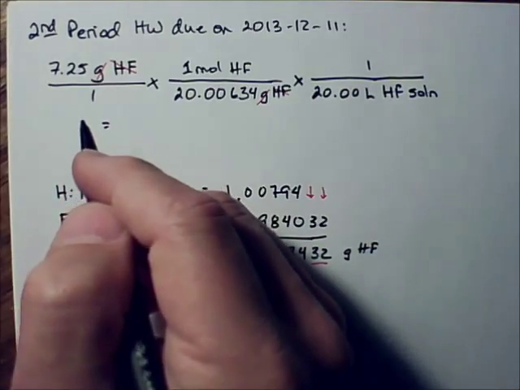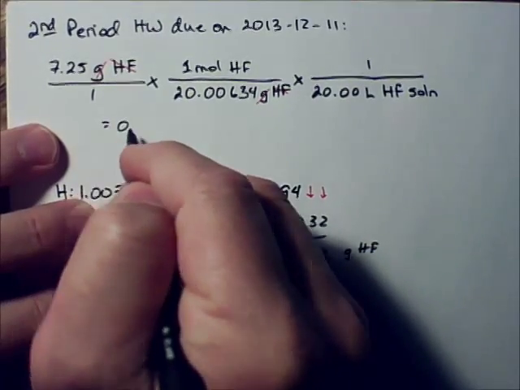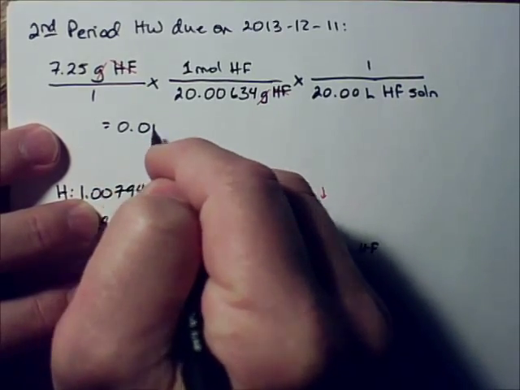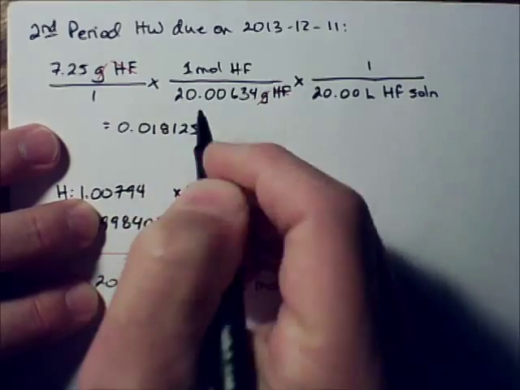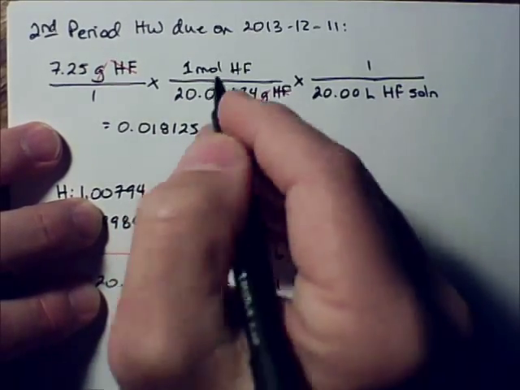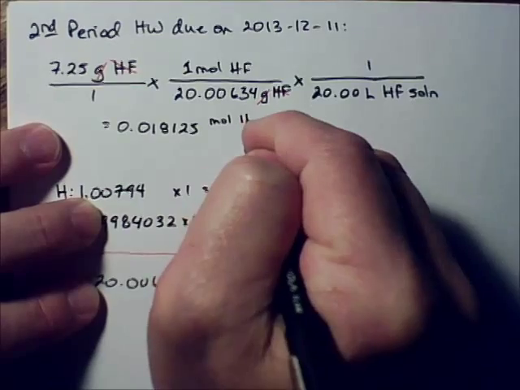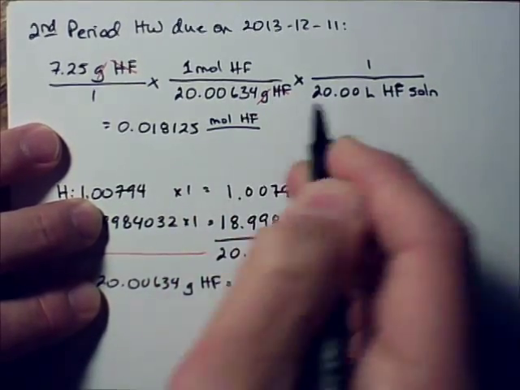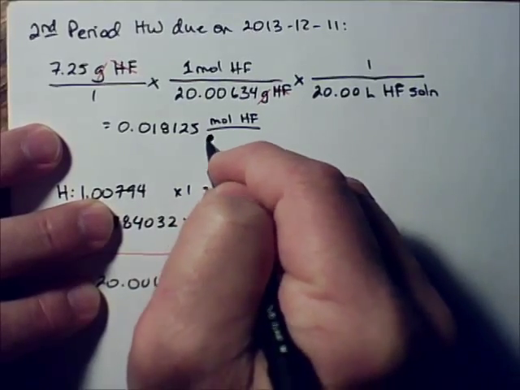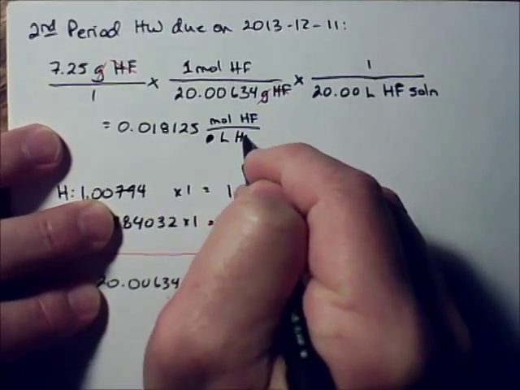And we do the math. And the units we have left are moles of HF over liters of HF solution. I'm sorry, just liters of HF solution.